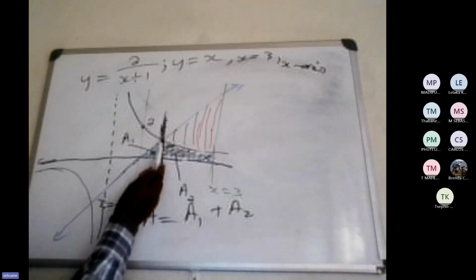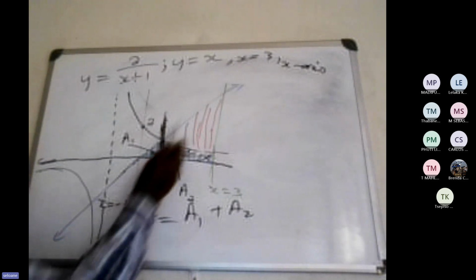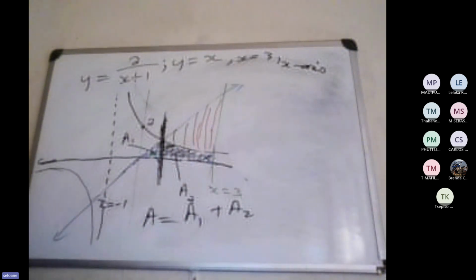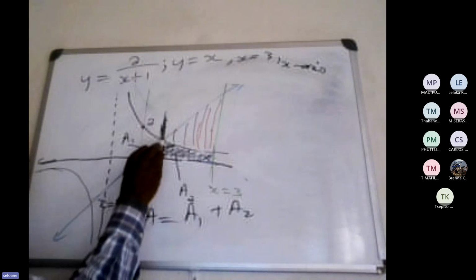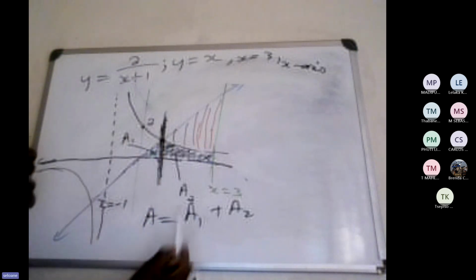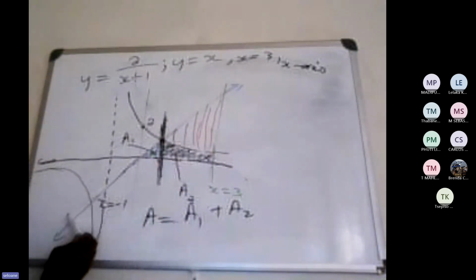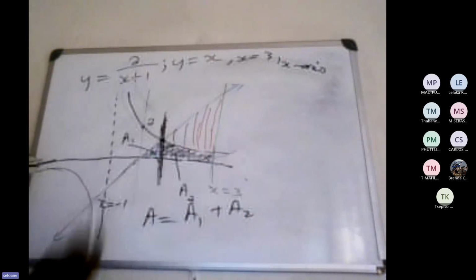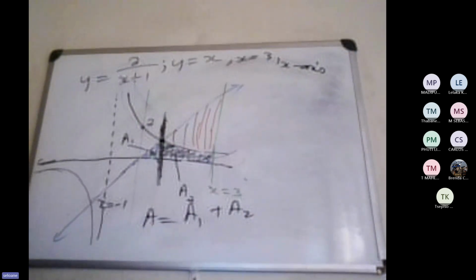Then we can say, oh, x here is the point of intersection of y equal to x and y equal to 2 over x plus 1.